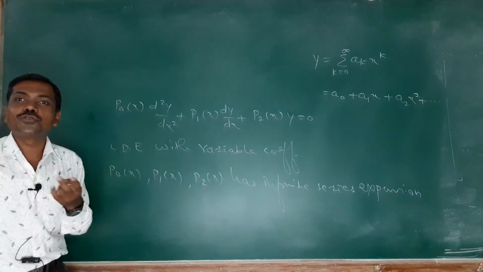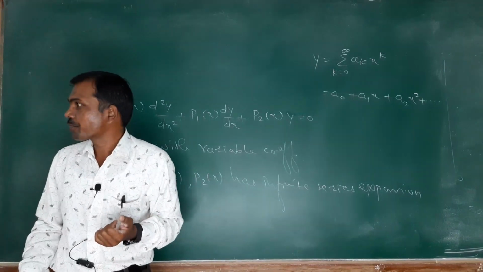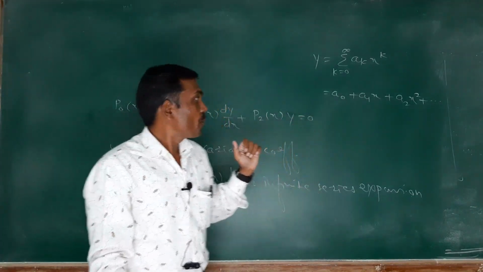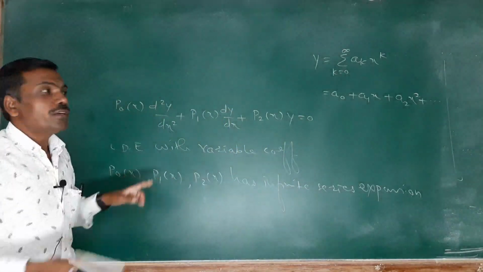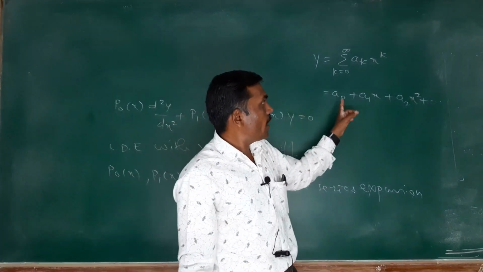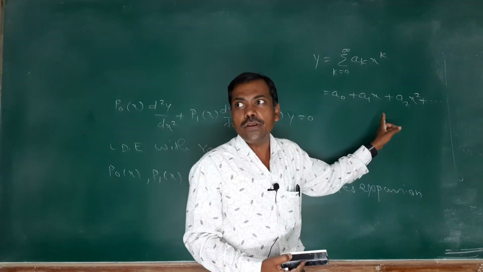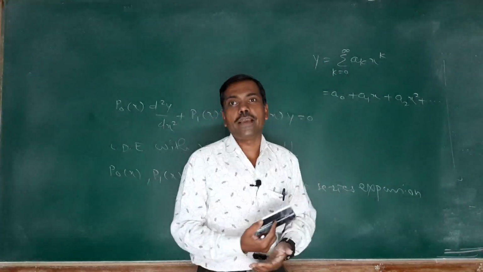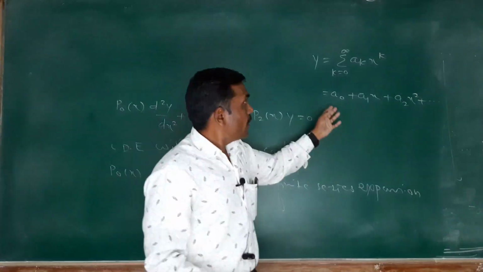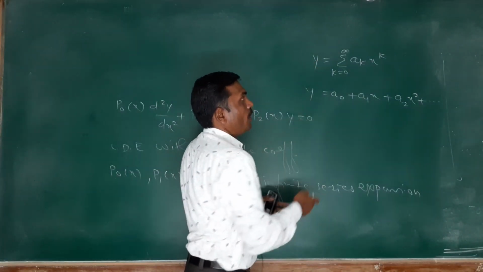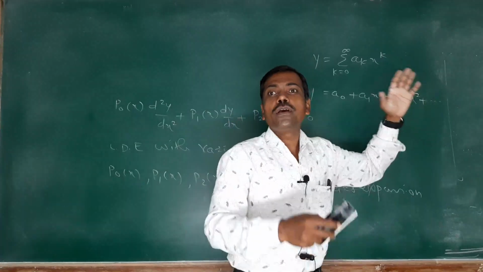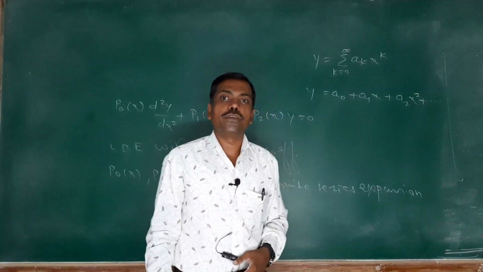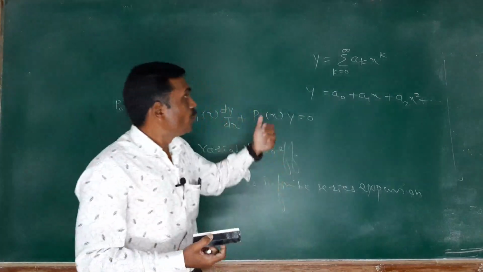It must contain 2 constants. Which are the 2 constants I require? I may require a0, a1 or a1, a2 or a2, a3 like that. But here in the infinite series I have a0, a1, a2, an infinite number of constants, right? That is not a suitable answer.